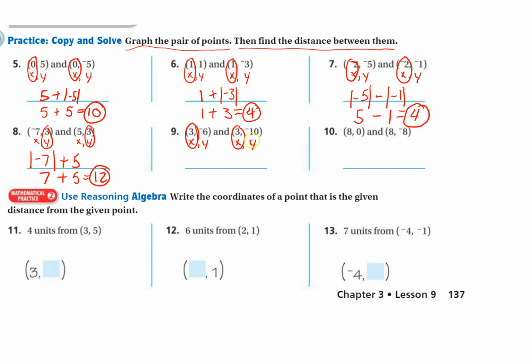So we want the absolute value of negative 10. And remember, when I subtract, I want to use the larger number first. So the absolute value of negative 10 minus the absolute value of negative 6. The absolute value of negative 10 would be 10, minus the absolute value of negative 6 is 6. So the distance between those 2 points would be 4.